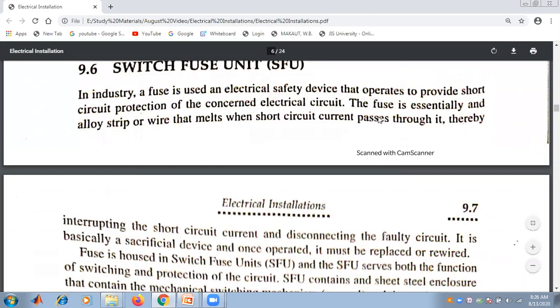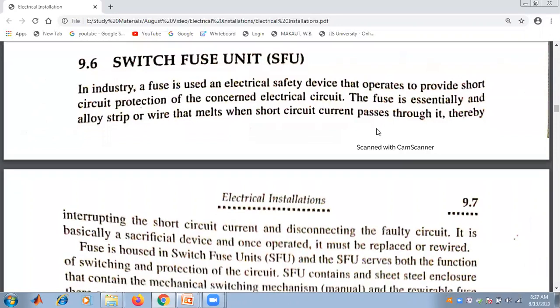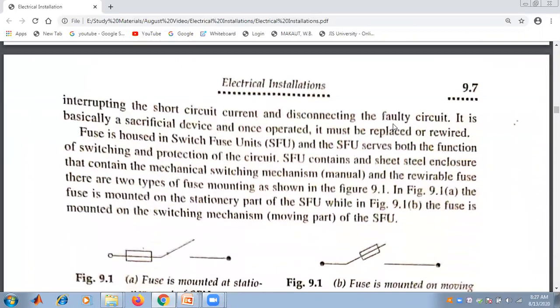The fuse is essentially an alloy strip or wire that melts when short circuit current passes through it, thereby interrupting the short circuit current and disconnecting the faulty circuit. It is basically a sacrificial device, and once it has operated it must be replaced or rewired.